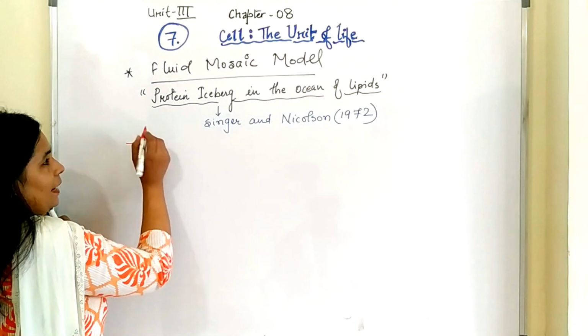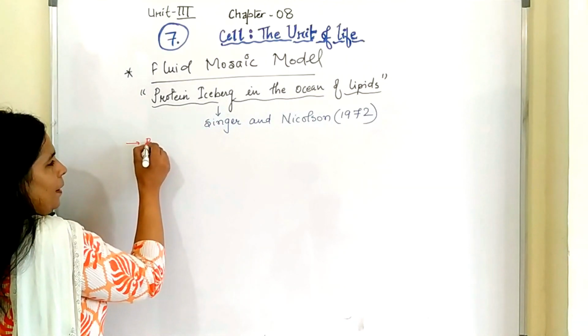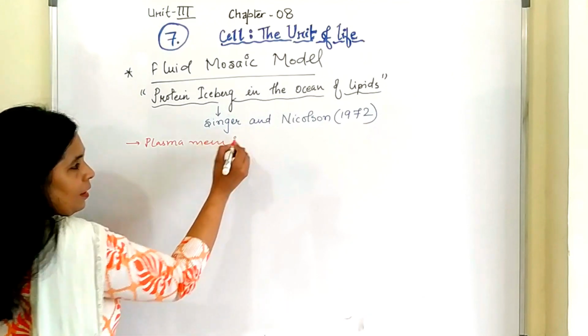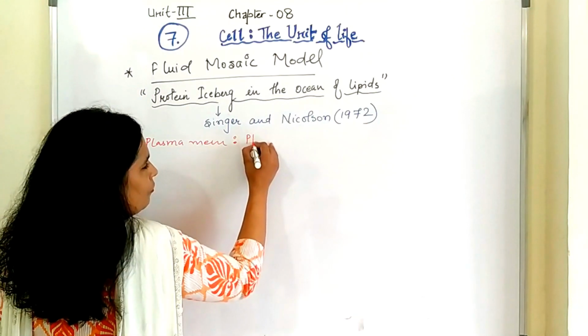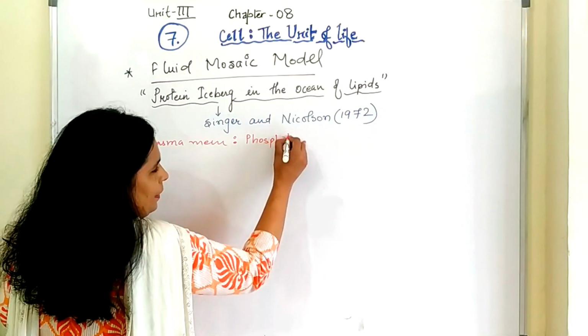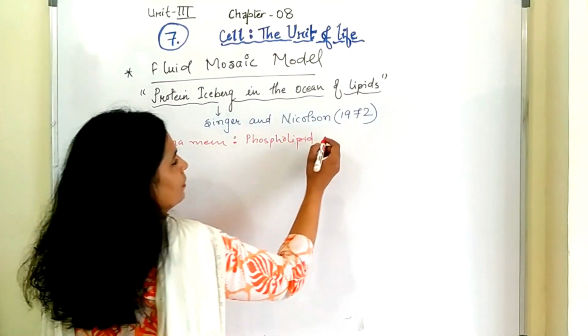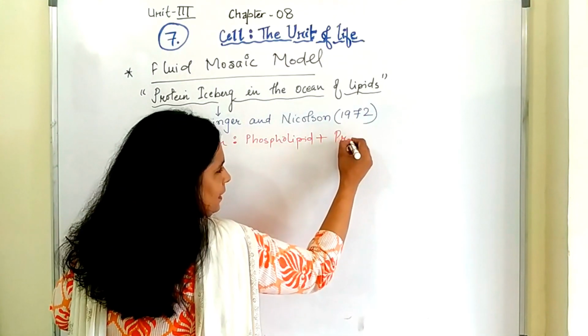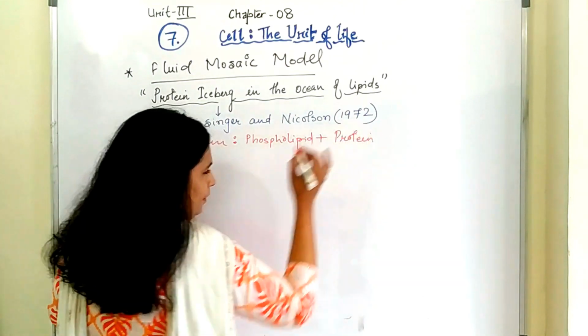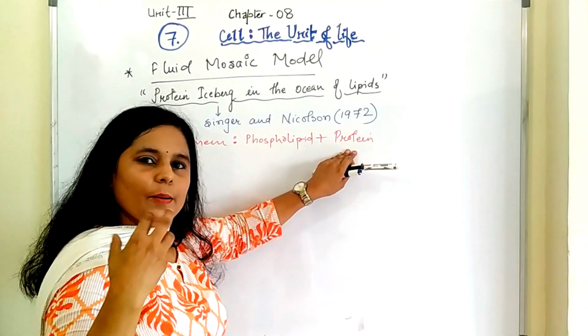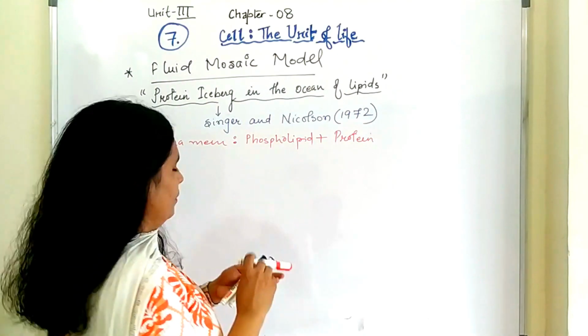They said that the plasma membrane is composed of phospholipid, as you have read in the previous two models, and protein. Same thing. Now, I will be telling you first about the protein and then the phospholipid.